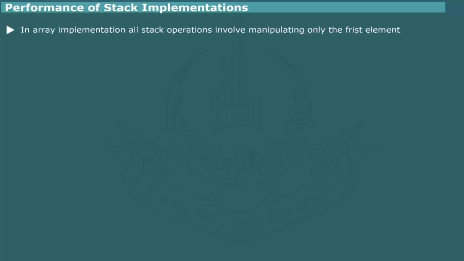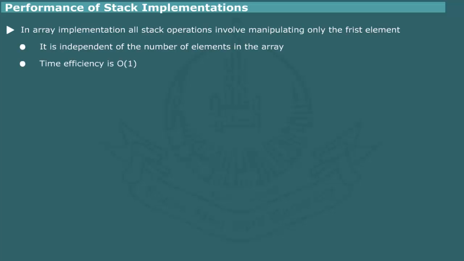In array implementation, all stack operations involve manipulation of only the topmost element in the array. Since accessing of the topmost element is independent of the number of elements in the array, the time efficiency of all stack operations is O(1).